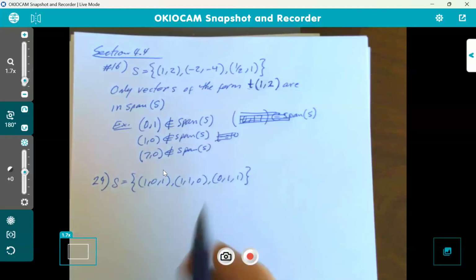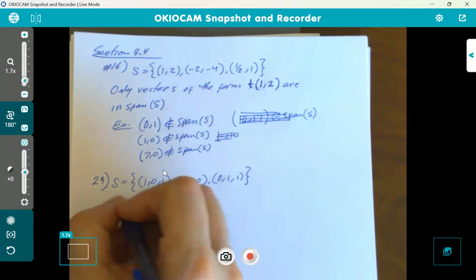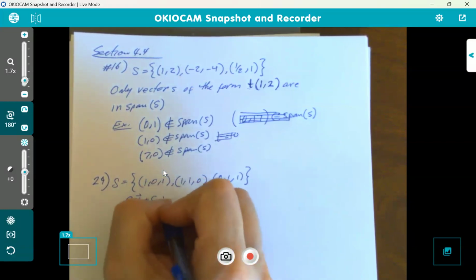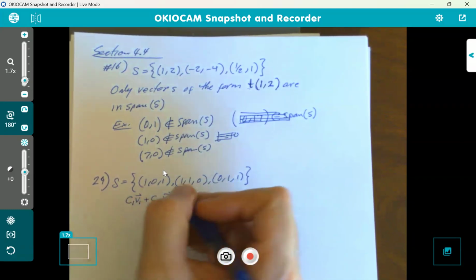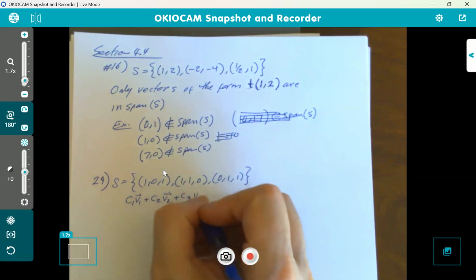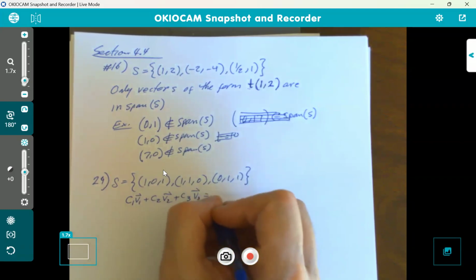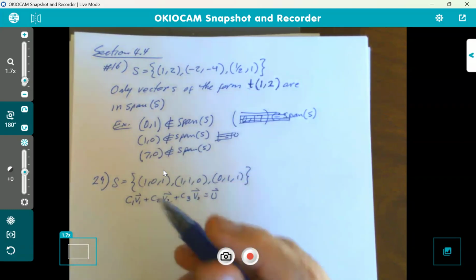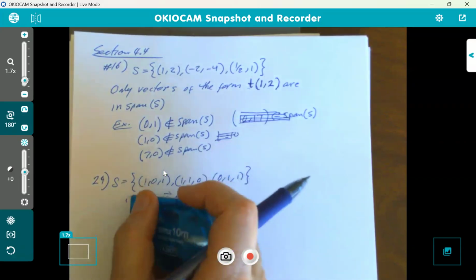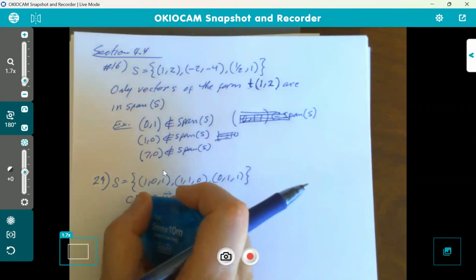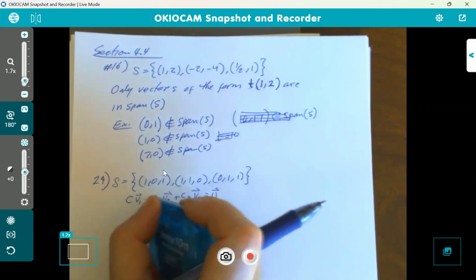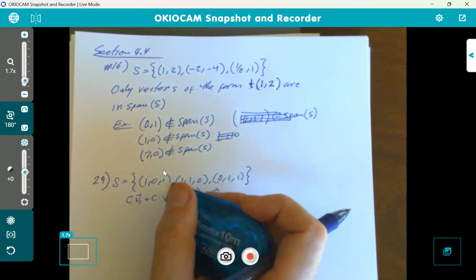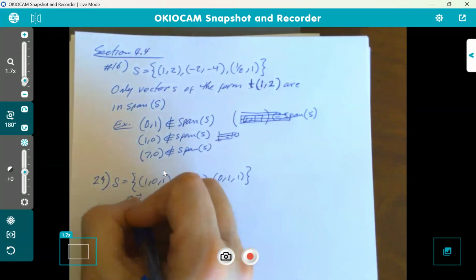Okay, so for this one now, again, I'm going to write the linear combination. We're going to do c1 v1 plus c2 v2 plus c3 v3 equals u. Because it's spanning, the constants could be the same, no, actually we can make them different.